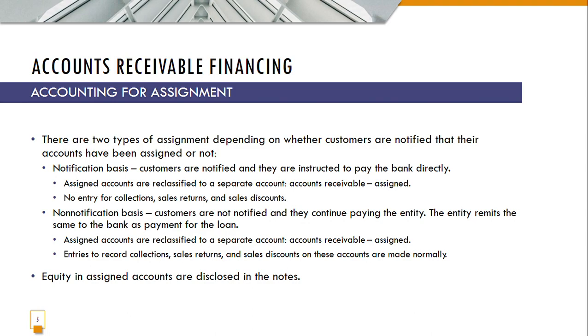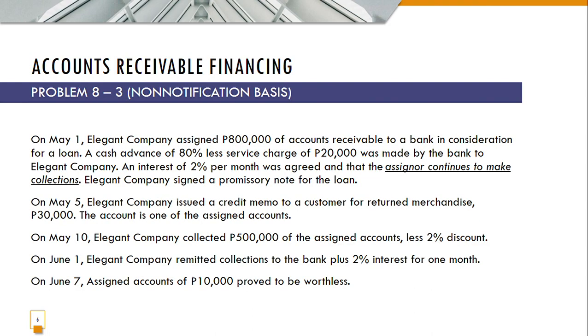In this form, you have to record collections, sales returns, and sales discounts normally. As a disclosure requirement, you have to disclose in your audited FS the equity in your assigned accounts. So let's have an example.